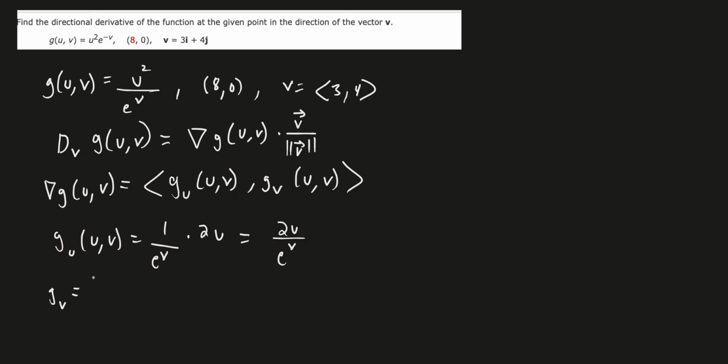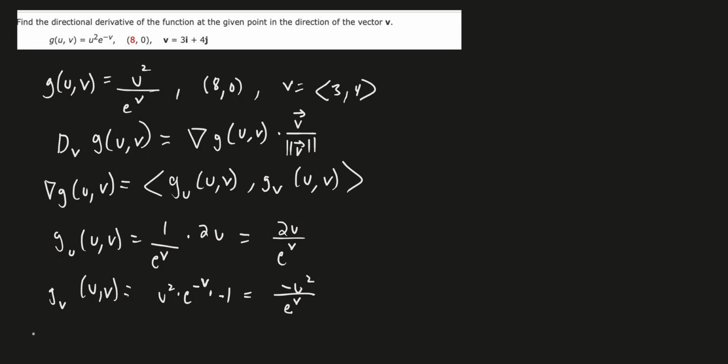The partial derivative with respect to v, treating u as a constant, we have u squared times e to the negative v times negative 1. That is negative u squared times e to the negative v, or even better, negative u squared over e to the v.